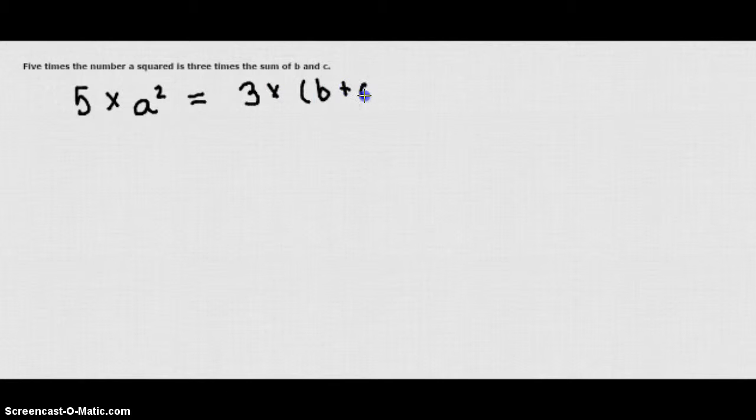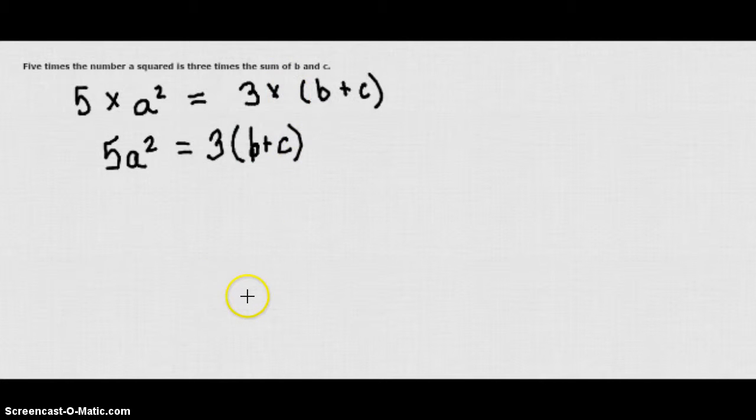So in other words, we have the sum here, b and c, in parentheses. So how we can write this simplified, we don't need our times symbol. We can just put numbers beside variables, and say 5a squared equals 3 parentheses b plus c. And that's how we write that sentence in equation form.